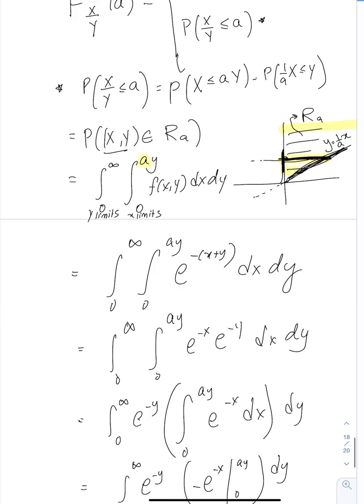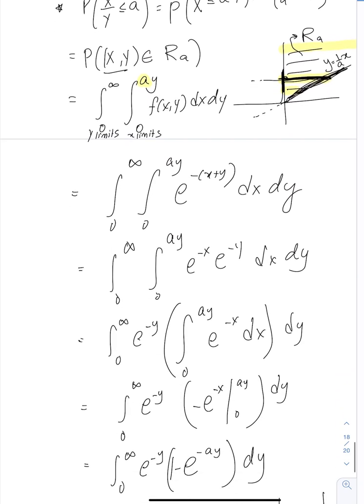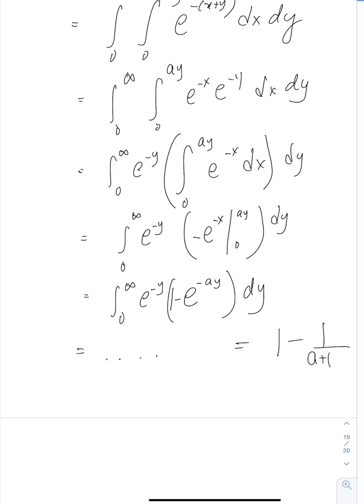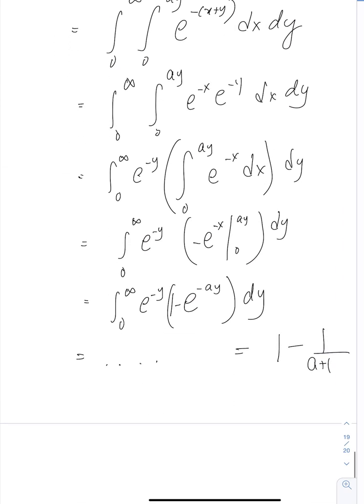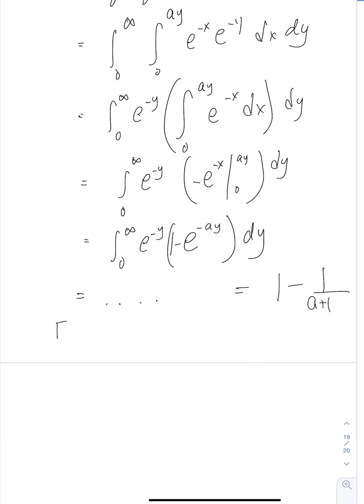So what have we done? So far, all we have done is found the cumulative distribution function for x over y. So F sub x over y of a is equal to 0 if a is less than or equal to 0, and 1 minus 1 over a plus 1 if a is bigger than 0.